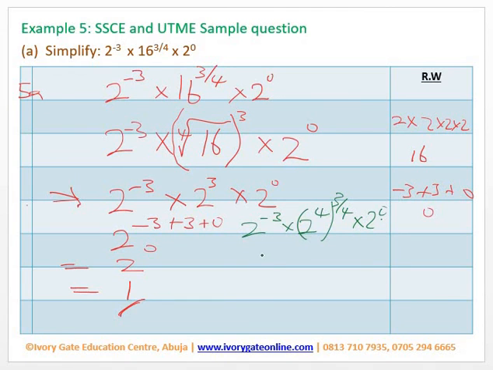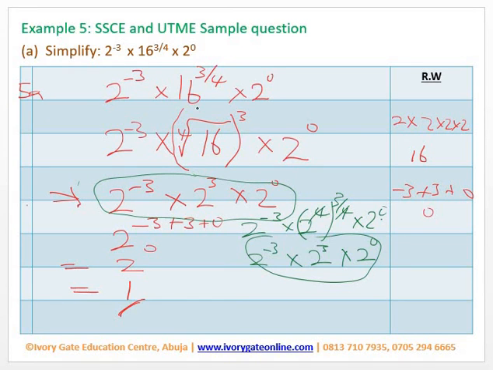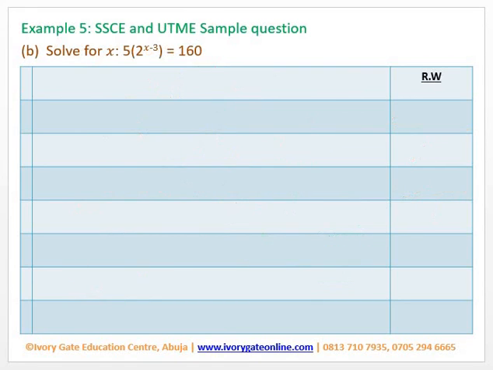So here, we'll get 2 raised to power minus 3 times 2 raised to power 4. We cancel 4 and have 3 remaining, times 2 raised to power 0. So at this point, you will see that this and this are the same. It's simply another way of manipulating this.